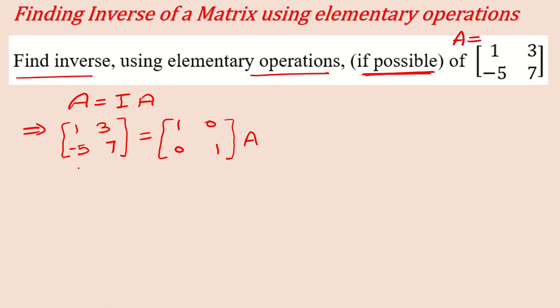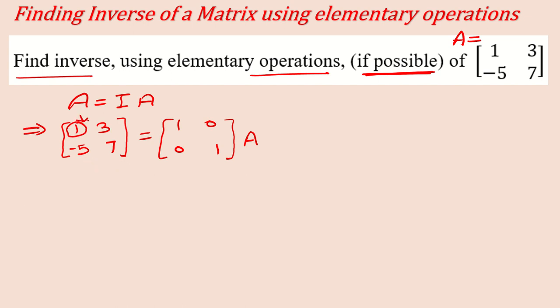Now, let's talk about this matrix. This has to be converted into identity. So, for identity, what do we want here? 1, and luckily we have 1 here already. So, no need to worry about this element. Now, what do we want here? For this element, we want 0. You see, for the identity matrix here we have 0. So, in place of minus 5 we want 0. So, what calculation can we do here? We can multiply this element 1 by 5 and then add it to this element.